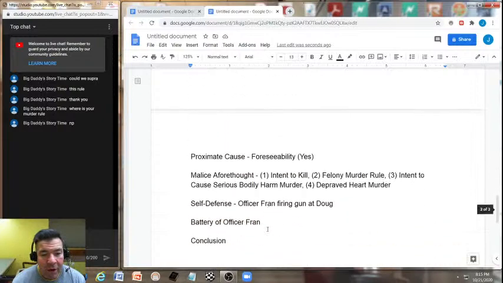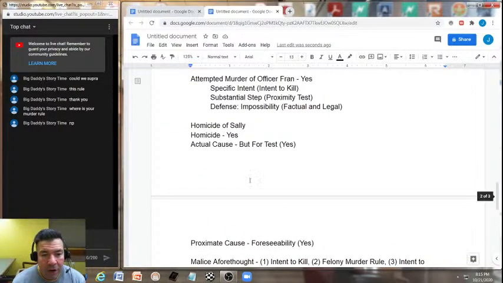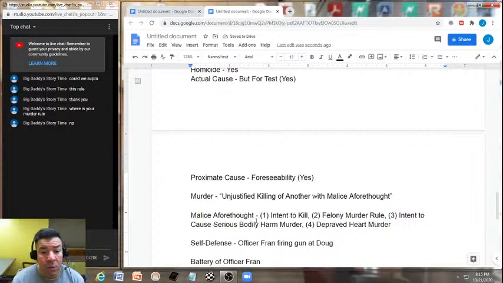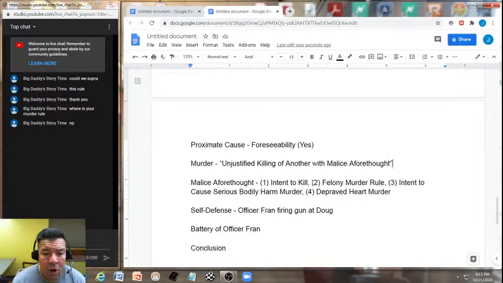Now down here, so we could have both homicides be consistent, we're going to put in murder, unjustified killing of another with malice aforethought. Okay, now back to our felony murder rule. Do we have a felony that's being perpetrated, still in the commission, that has resulted in a foreseeable homicide to our victim, which would be Sally?